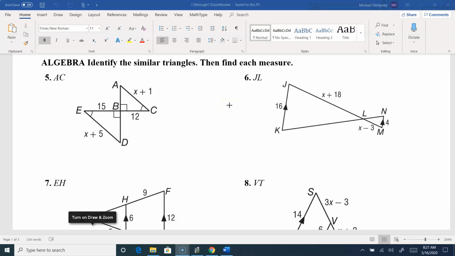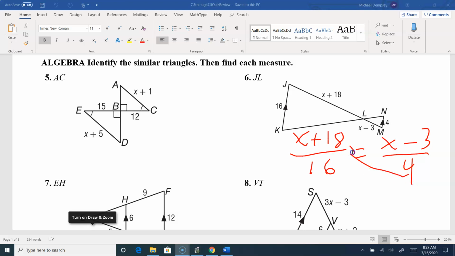So if I wanted to take x + 18, variable expression, over 16, then over here, the x - 3 has to match up with the x + 18. So (x - 3)/4, okay? And again, this is the fun part here. Now is where we cross multiply.